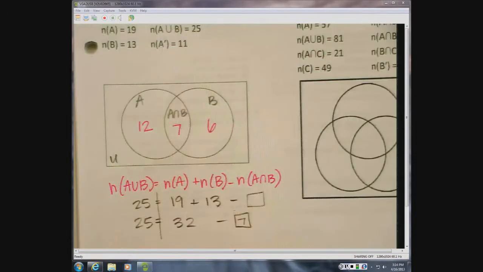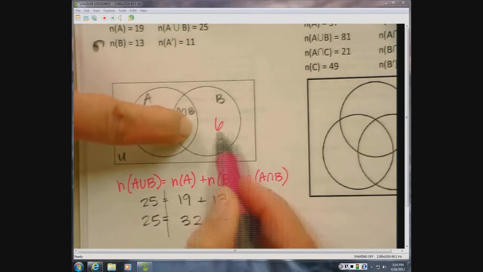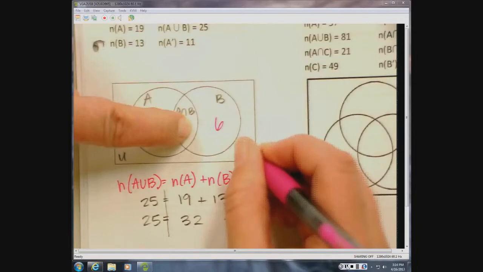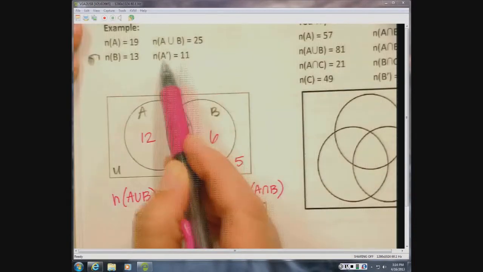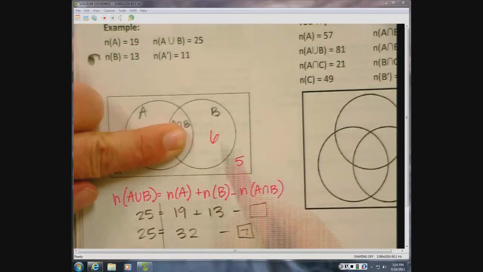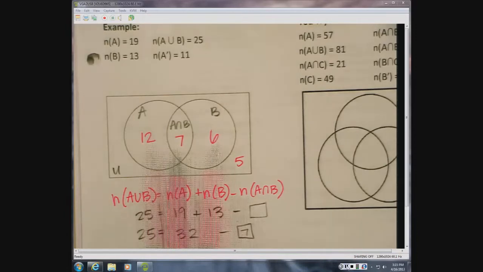So if I have 11 elements in A prime, I'm just going to cover up A. 6 of them are inside B, which means the other 5 have to be outside of A and B. Again, I have 11 elements that are not A. Here's A. I have 11 elements that are not A. 6 of them are B. The other 5 are outside the circles. And then the universal set would be the sum of all of these.